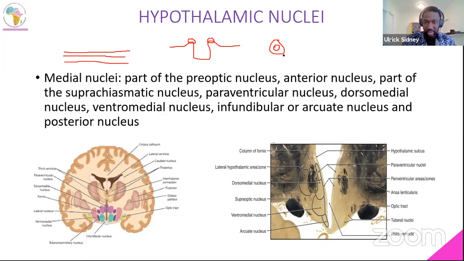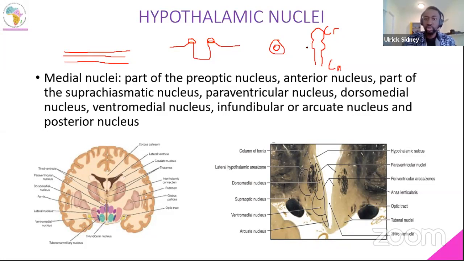Now, all of these cuts have been made in such a way that we're going to say they are coronal cuts. Now, if we look at the whole tube in itself, when it gets the three vesicles this way, this here is cranial, and this here is caudal.